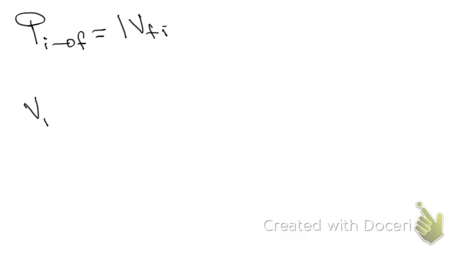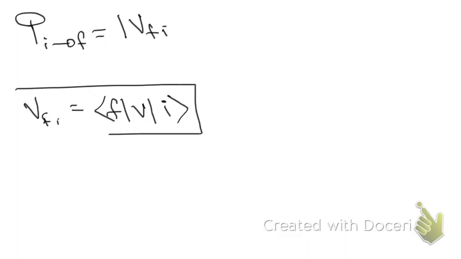What is my VFI? VFI is just this matrix element over here. Instead of writing Hamiltonian, let me just write it V, and I have I. I had this term in my expansion coefficient, so to just shorten it, I'm writing it as VFI.